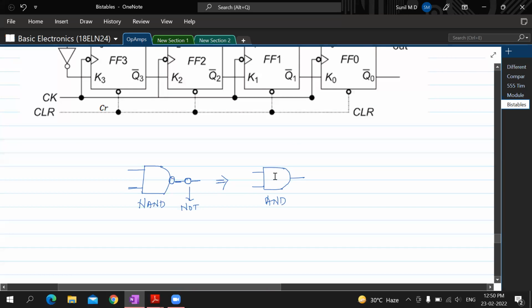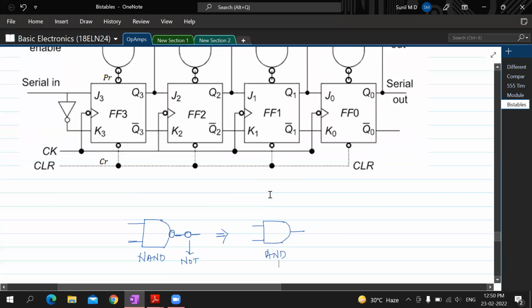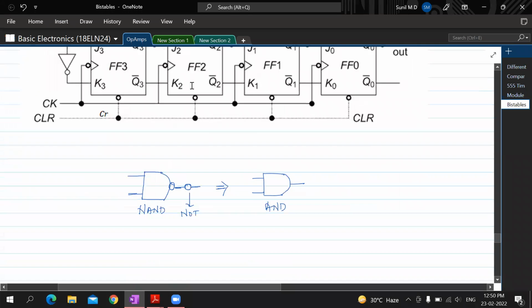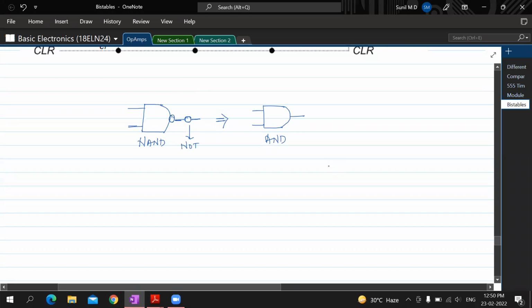Now, let's understand the AND gate in more detail. Why it has been made use of in this particular circuitry is what I'm explaining to you. Listen to this carefully, everybody. Suppose we have A as one of the inputs of this AND gate, and the other input is always one.